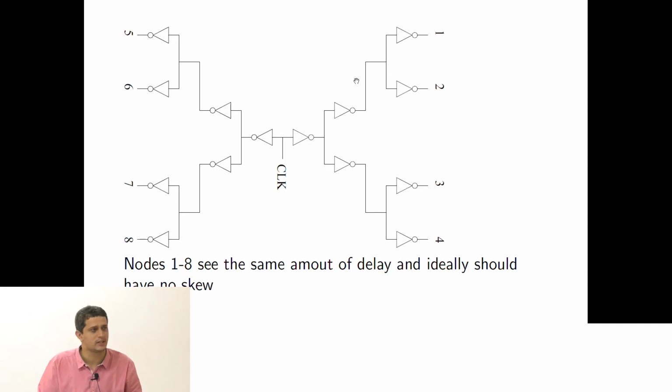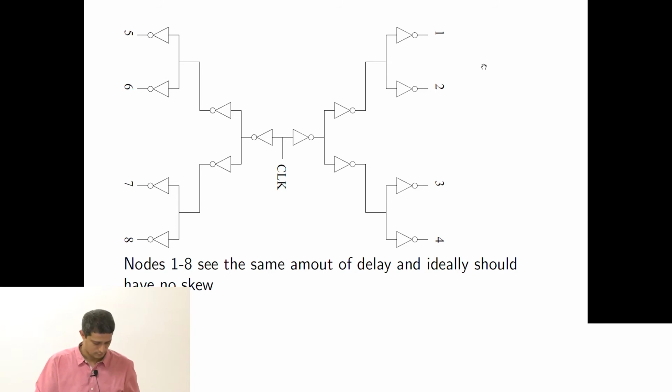It's not necessary that the clock at node 1 and the clock at the origin should be in sync. Of course, there will be a delay. The clocks at all these leaf nodes should be in sync, because that is what is going to control all my flops.